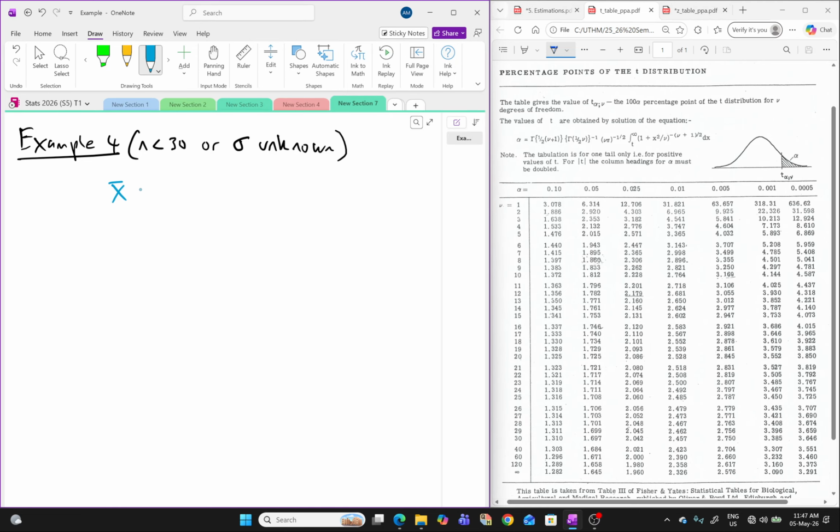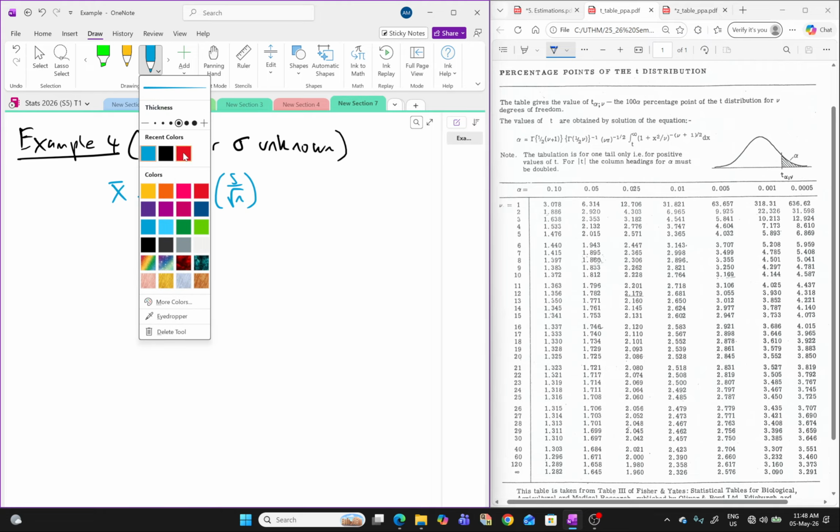X bar plus minus, okay. This notation is actually we have learned before. Okay, this one. So copy this one first.